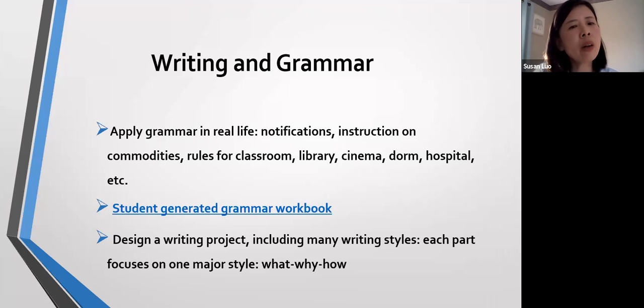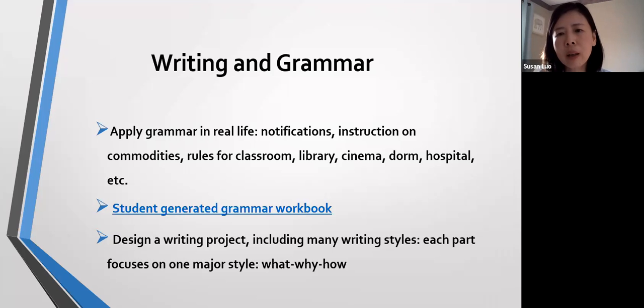But if you encourage your students to apply grammar in a real life situation, they would write sentences like "food and drink are not allowed in the cinema," or "smoking is not allowed in the classroom," or "littering is not allowed in the classroom," or "pets are not allowed in the dorm."